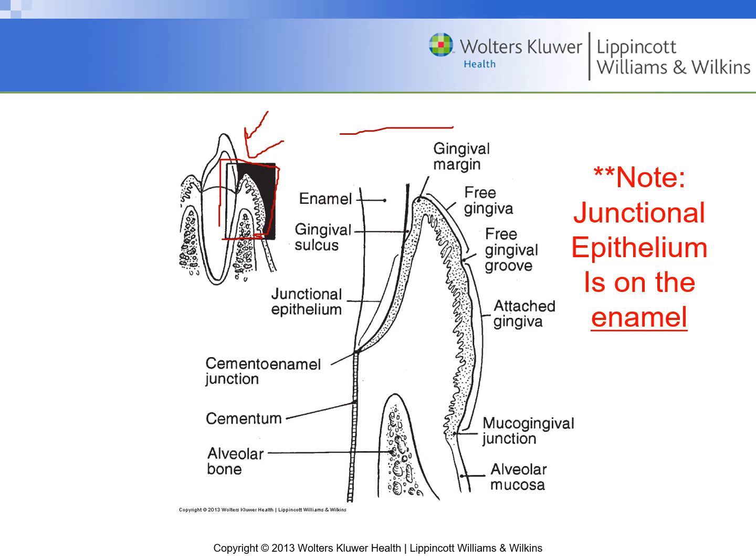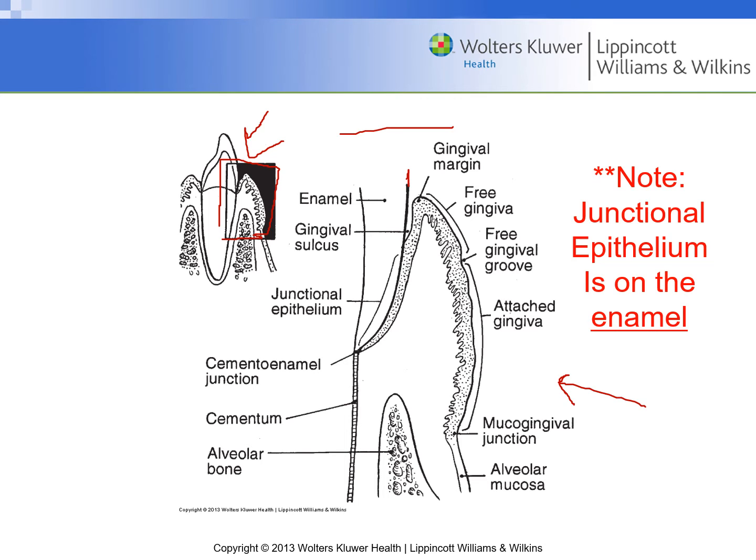So you can see where the tooth is going like this. This black line right here is the tooth, and it's going straight down and onto the root.